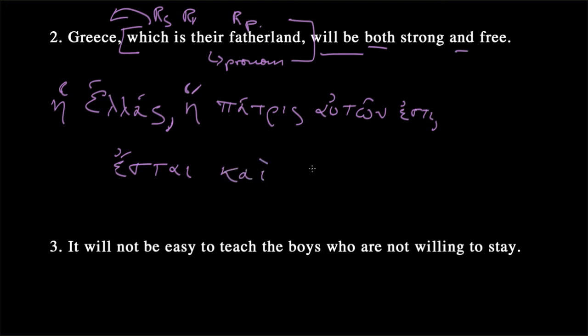So will be both strong, as we just said, ischyrós, but this needs to agree with hē Hellás, which is feminine, clearly. So nominative still, alpha there, ischyrá. Both ischyrá and kai eleuthéra.